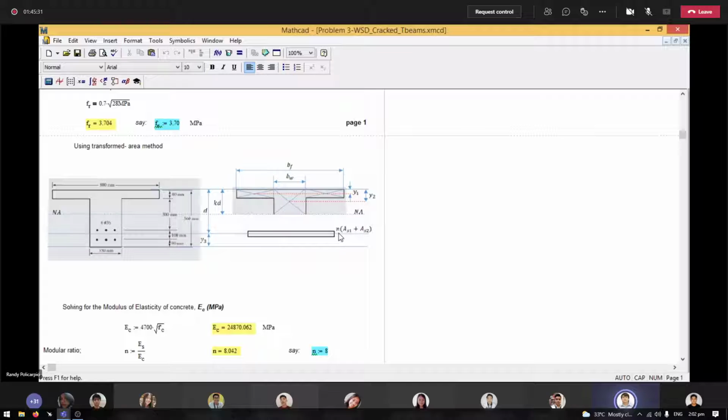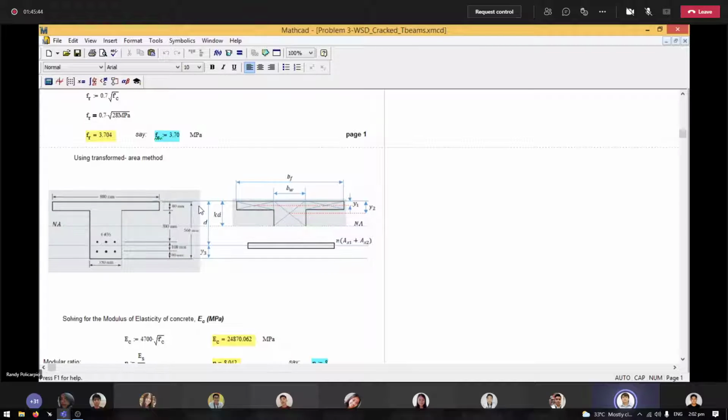And the computation is nAs. Kaya lang, As1, As2 tayo dahil it referred to the first layer and to the second layer. So ganon. Tapos yung pagkuha natin ng kd, we need to consider the centroid ng mga divided rectangle dito sa ating transform section. So we divide it into two.